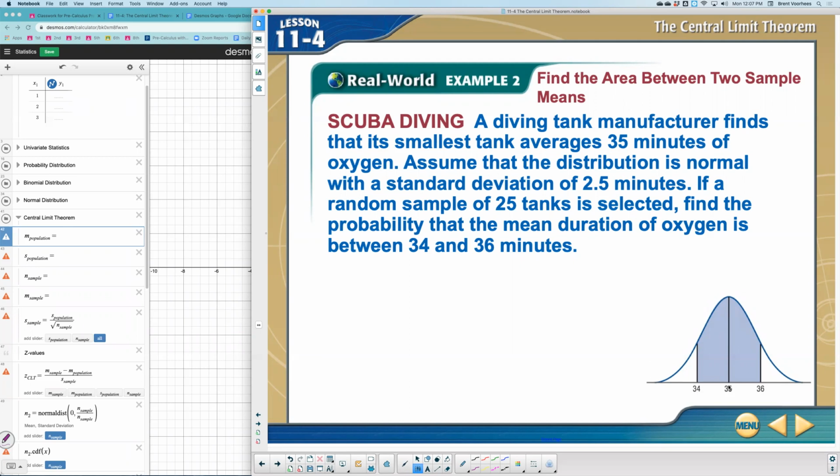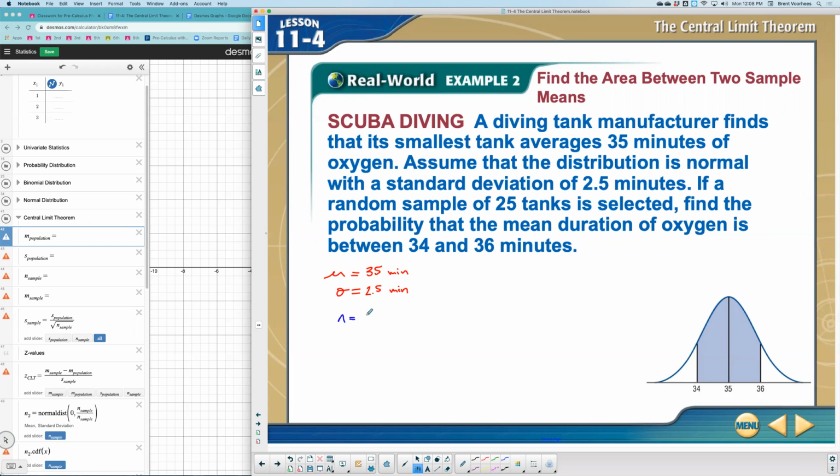Okay, so again, we're going to use the central limit theorem here because we're dealing with a certain number of random samples of the whole. So what we know is on the population, the mean of the population is 35 minutes. And the standard deviation of the population, or the whole, if you will, is 2.5 minutes. Now, we are going to look at a random sample of 25 tanks.